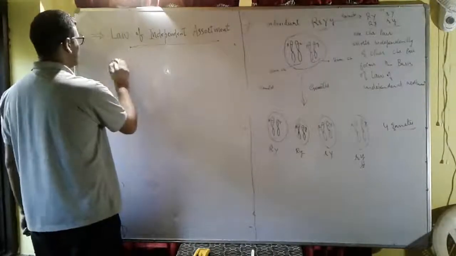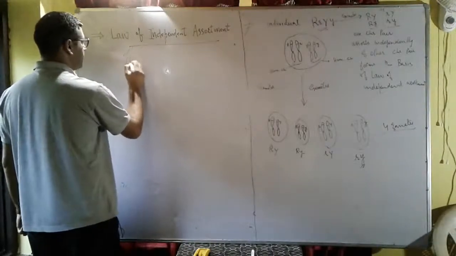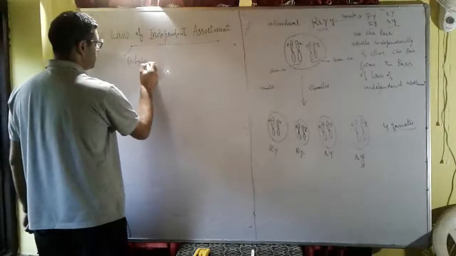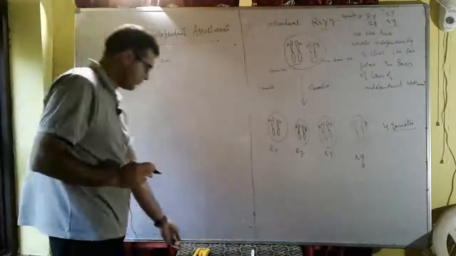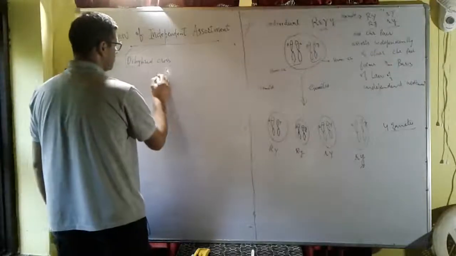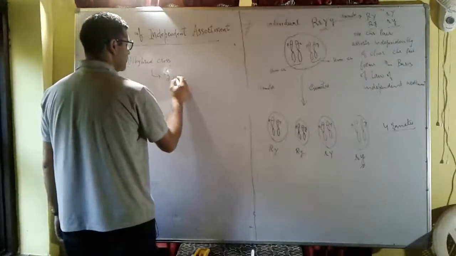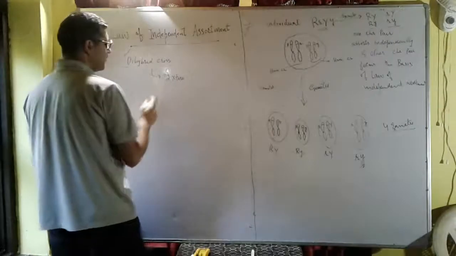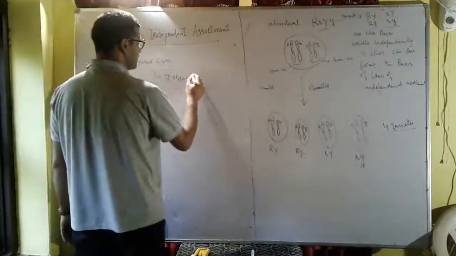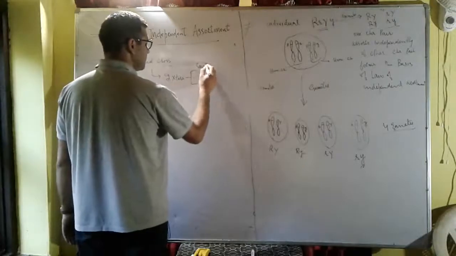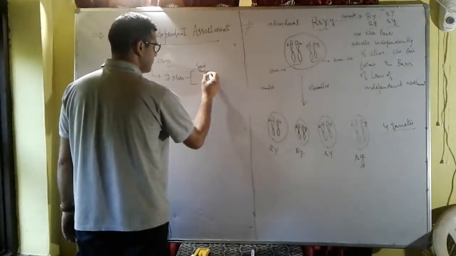The law of independent assortment is explained by means of a dihybrid cross. In a dihybrid cross, we take two characters. For example, here we take two characters. One is seed shape, another is seed color.